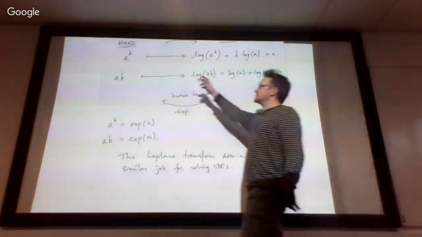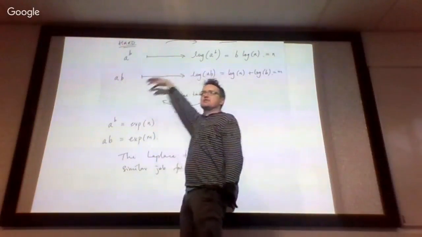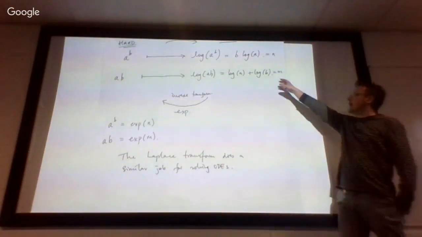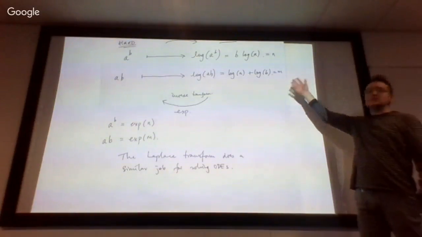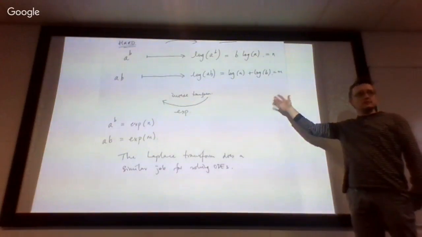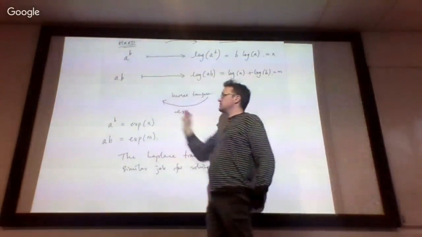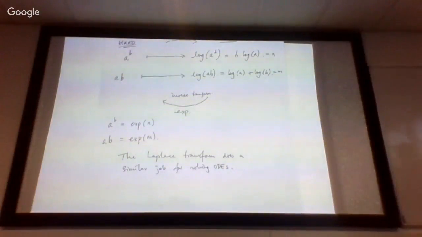We're not going to solve the ODE directly. We're going to first transform it into a different domain, work with the Laplace transforms and solve the equation in terms of its Laplace transforms. And then at the end, carry out an inverse transform to obtain the solution to the original problem.